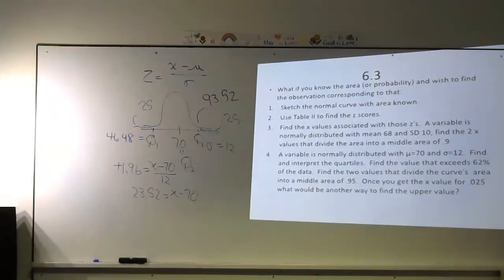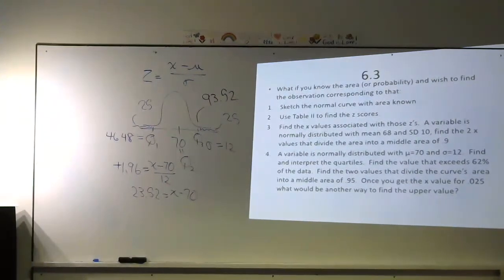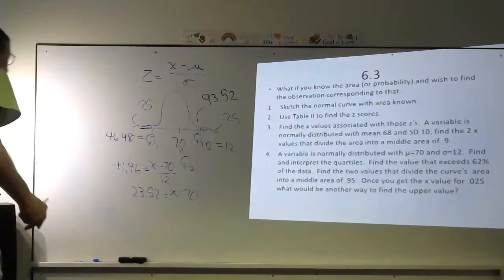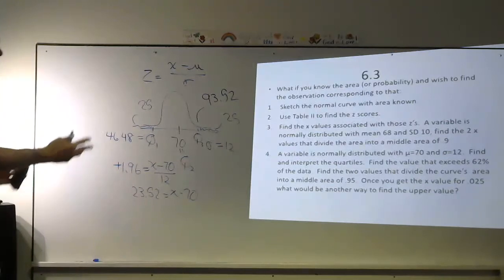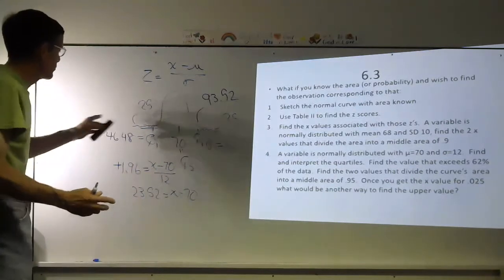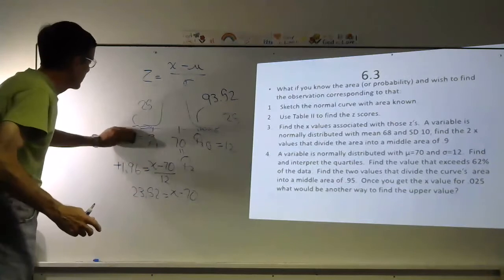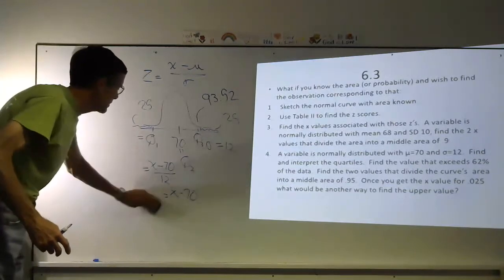Okay, excuse me a second. I thought something didn't look right about that. Sorry. I messed up. I looked up 0.025, not 0.25. 25% of the data is down below. Pardon me.